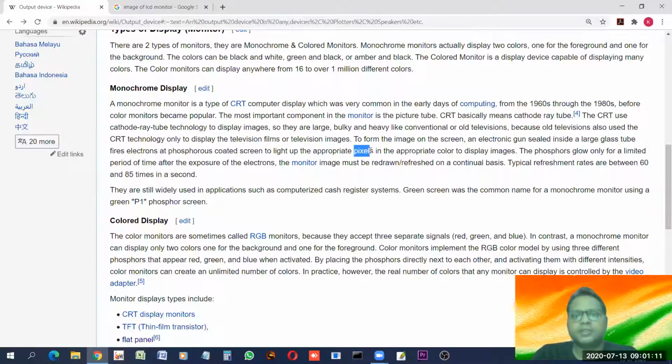Now here comes the most important word in the world of display screens. Pixel is a word derived from picture elements. The picture elements are small dots. They are still used in newer technology also. Pixels are very tiny dots, and the dots combined together form any image.